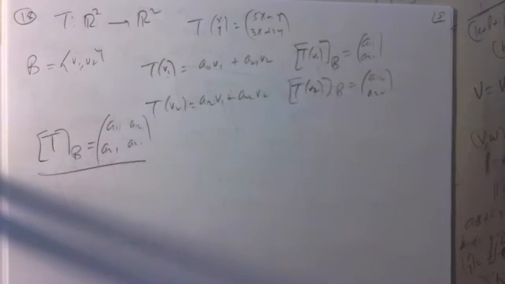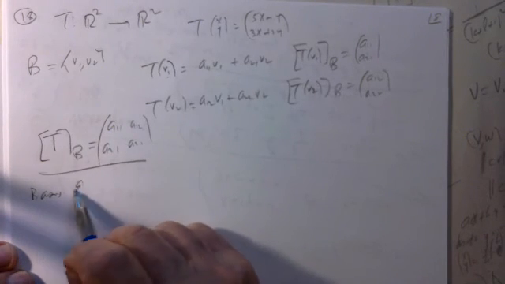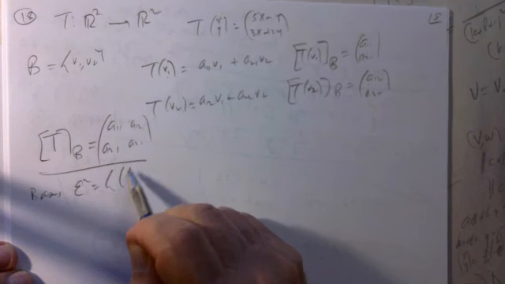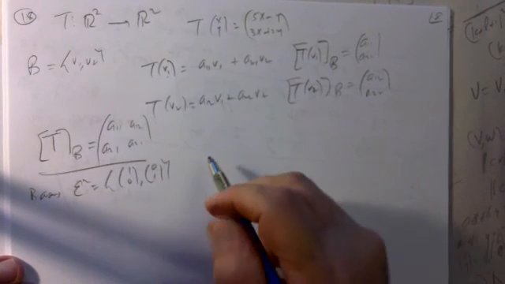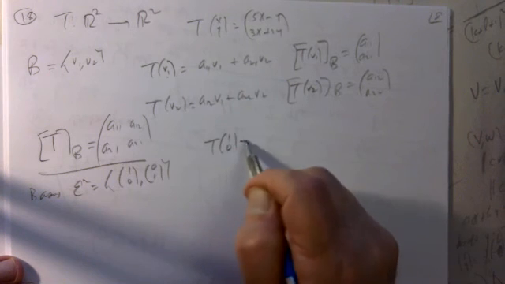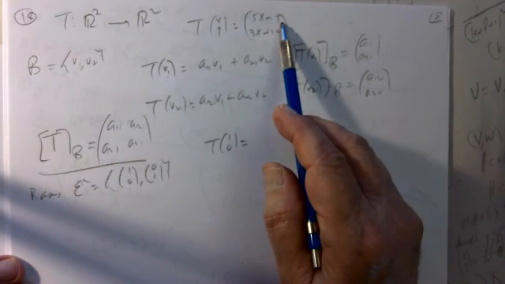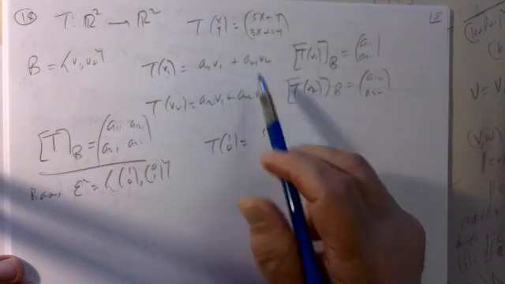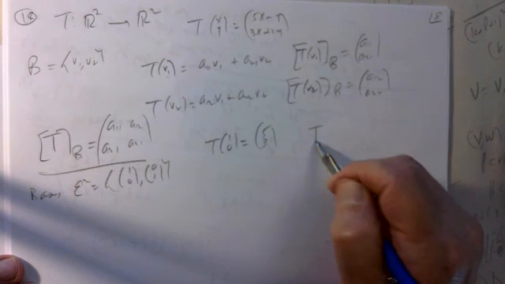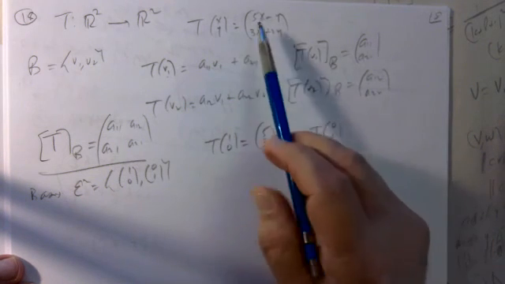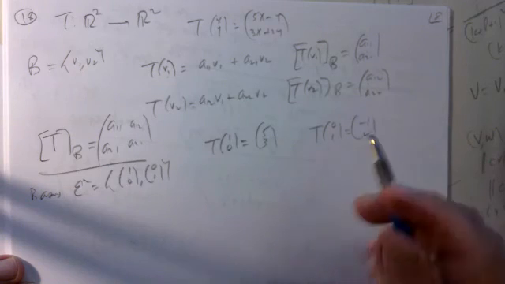So if you take the simplest basis for R2, which is the unit vectors in the x and y direction, T of (1, 0), when x is 1 and y is 0, you get 5 for the first coordinate and 3 for the second. And T of (0, 1), when x is 0 and y is 1, you get -1, 2.